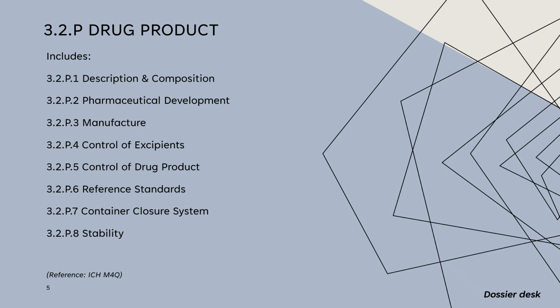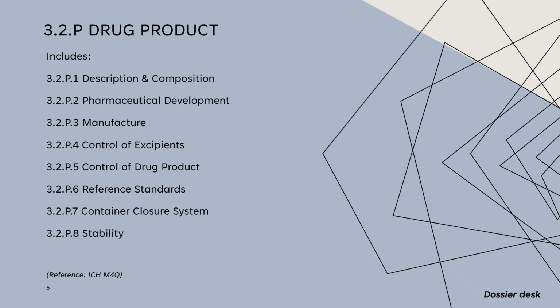Section 3.2.P.5 includes finished product specifications, analytical methods, validation reports, and batch analysis data. Section 3.2.P.7 explains container closure system suitability.